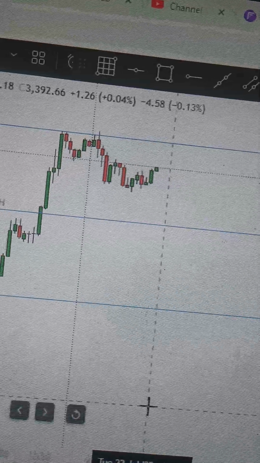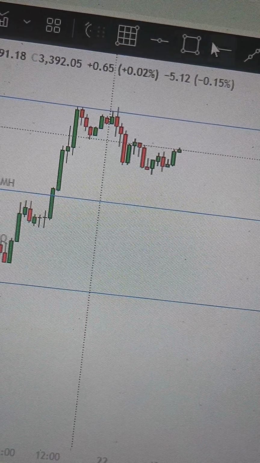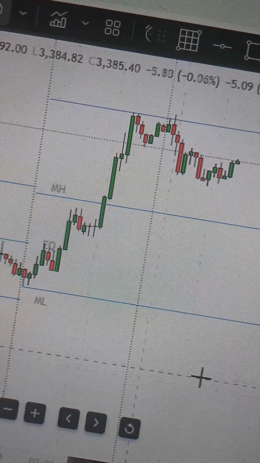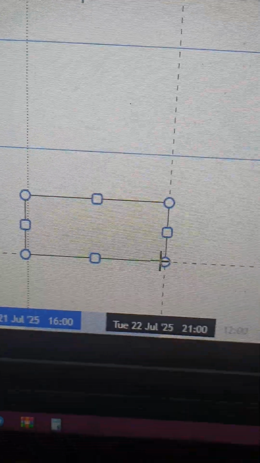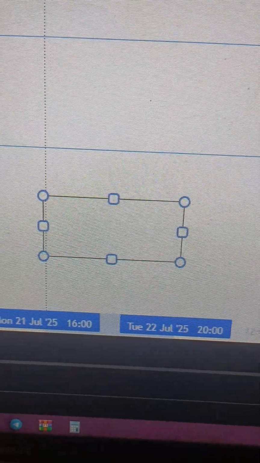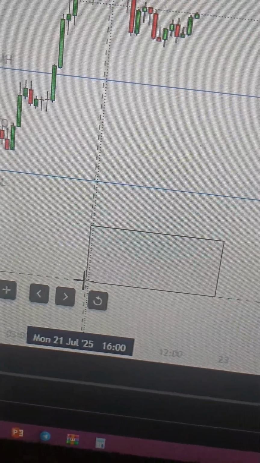You see the way we were treating the Asian session. So we have Monday here. Sorry, I'm trying to draw a box. We have Monday here. We expect the market Monday traded like this.